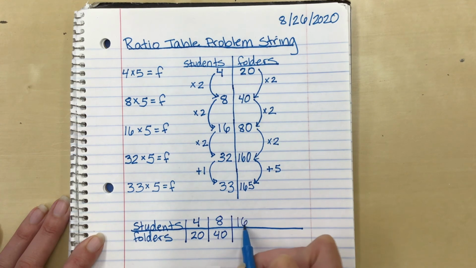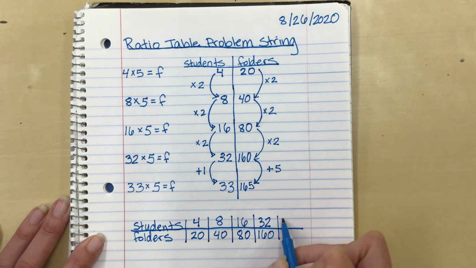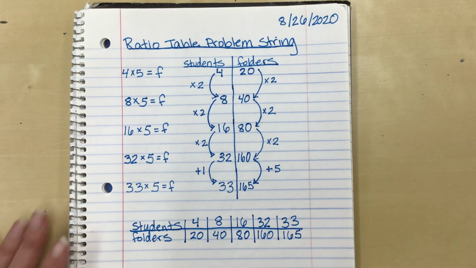For every 16, you have 80. For every 32, 160 folders. This is a lot of folders. 33, 165. So there is your lesson on ratio tables for multiplication and problem strings.